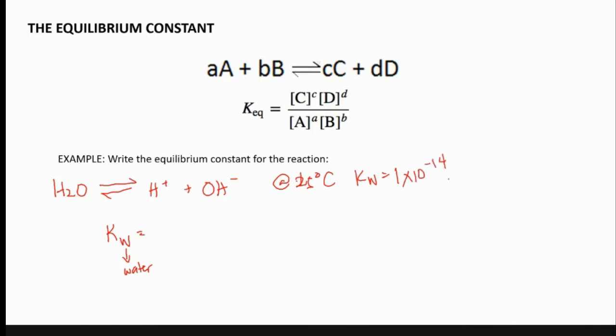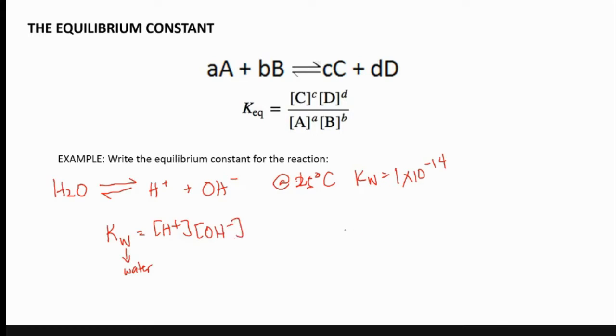Since constant, wala siyang, hindi natin incorporate yung unit. Ano yung formula ng Kw? We have H plus and OH minus.